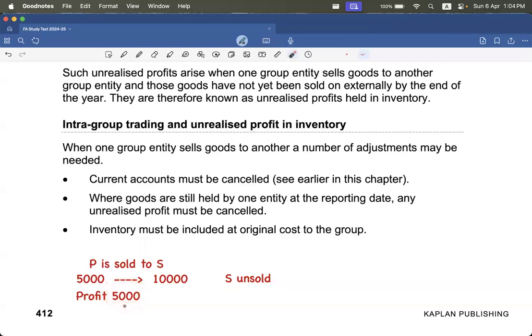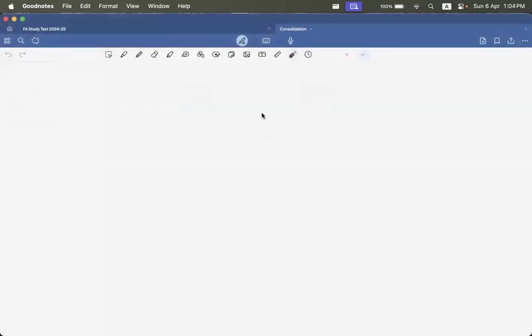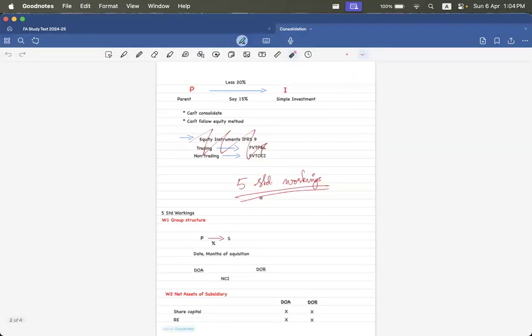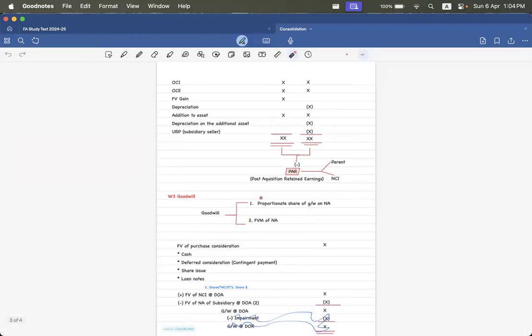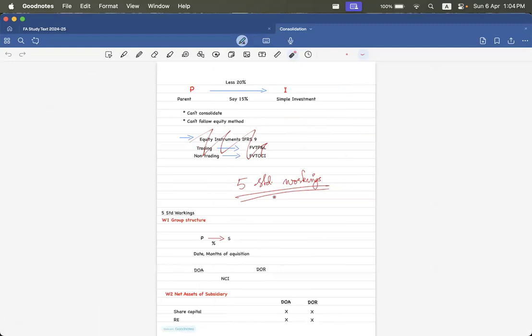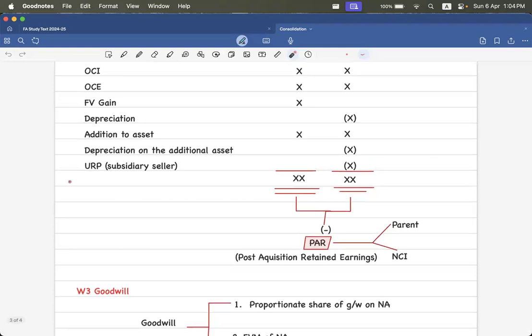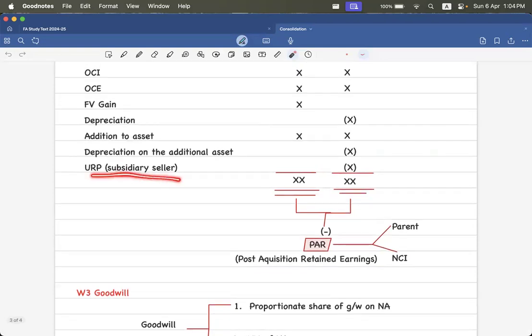When there is unrealized profit, it is necessary that it is removed from the financial statements. Accordingly, if the subsidiary is the seller, you remove it from working note 2, the net assets of the subsidiary.